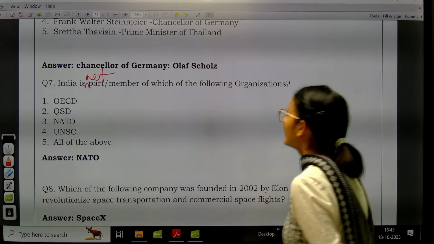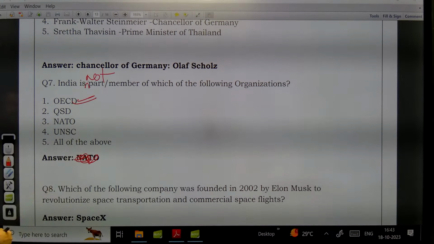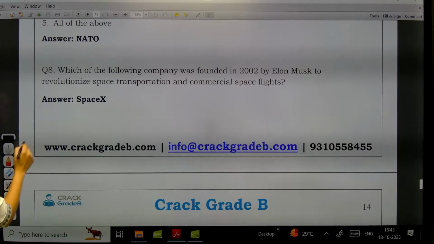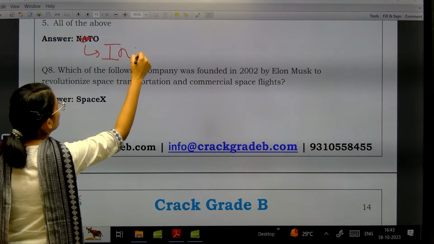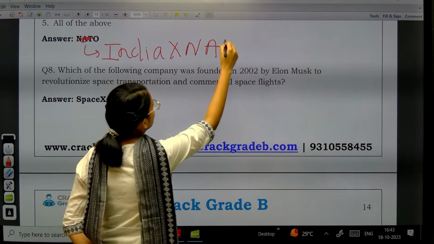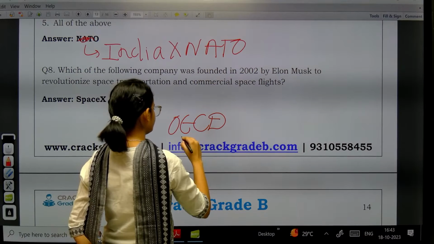Part of, na? Okay. Then NATO is not the answer. India is part of OECD. Okay. This one is not correct. India is not part of NATO. Not part of NATO. It is part of OECD. Okay.